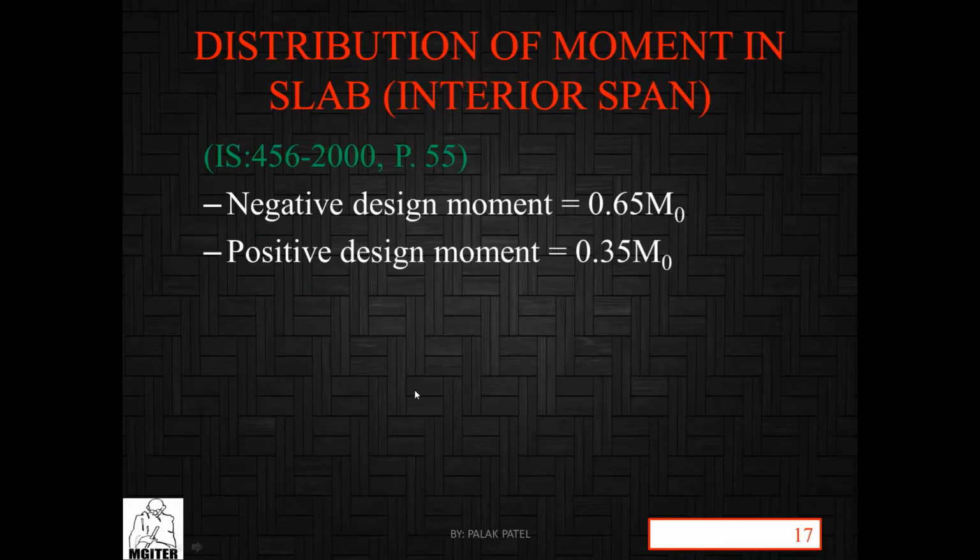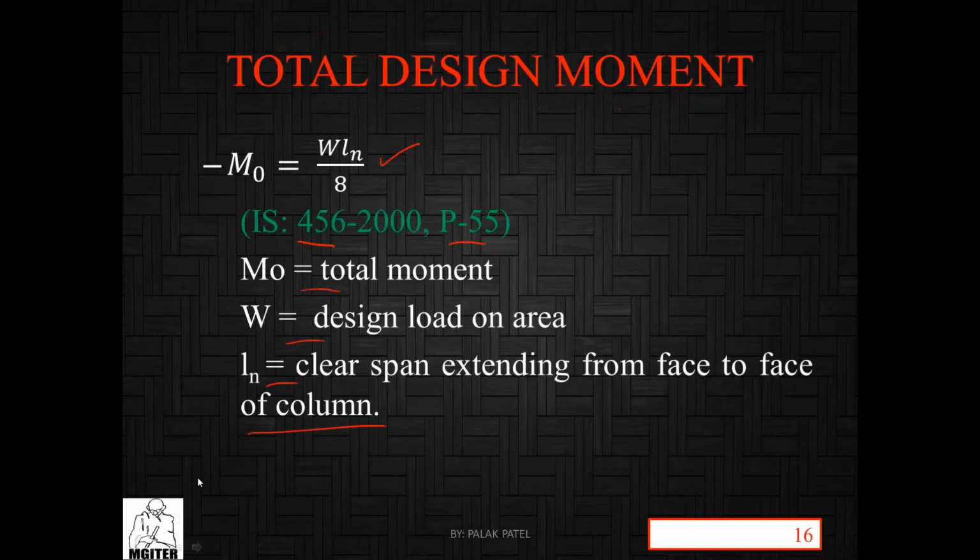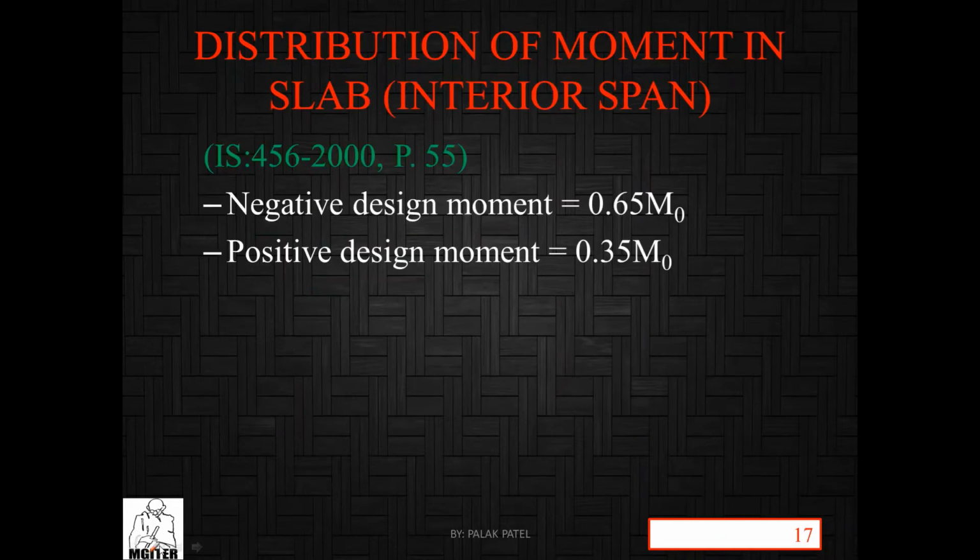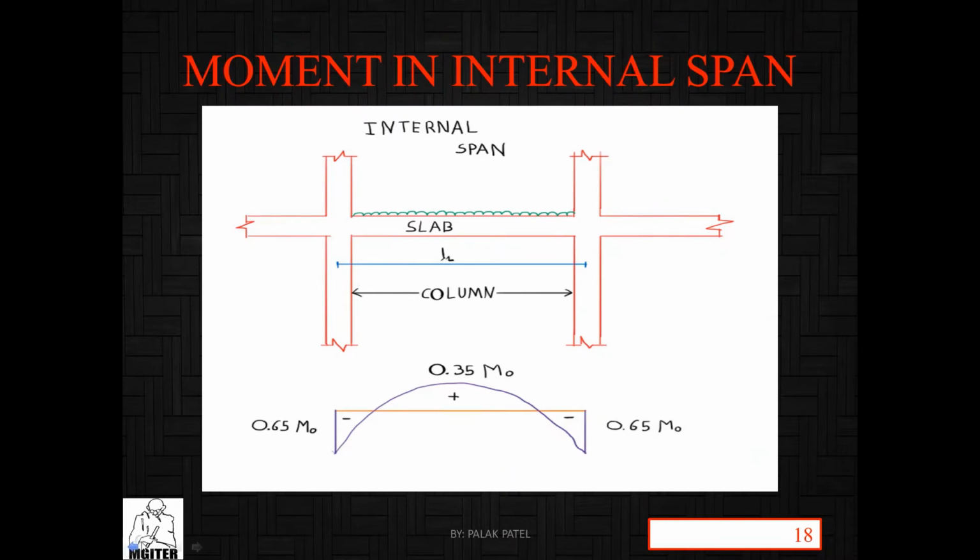Now distribution of moment. We found a moment M0, but we have to distribute this, right? Distribution by IS 456 page number 55: the negative design moment is 0.65 M0 and the positive design moment is 0.35 M0. You can see here, 0.65, 0.35, in the internal span, slab, L1 length, column here, 0.35 M0, 0.65 M0.